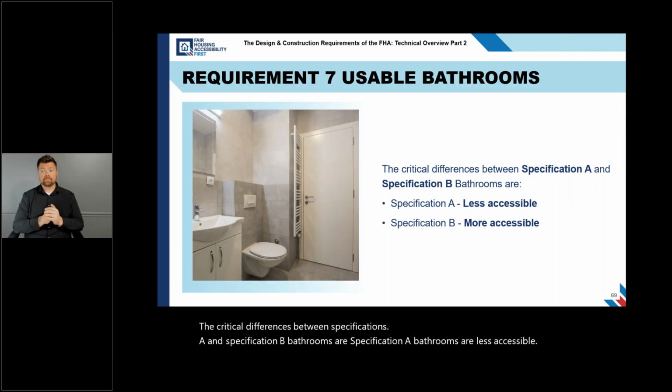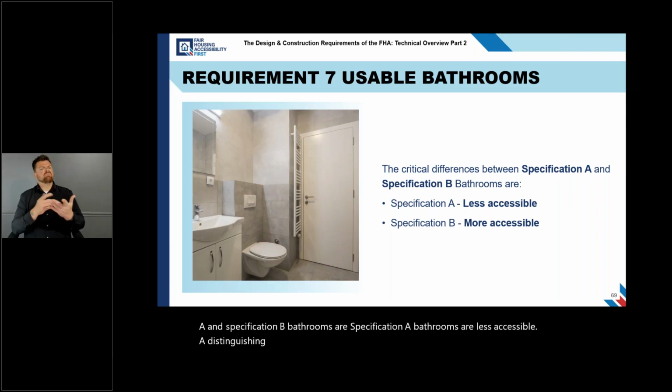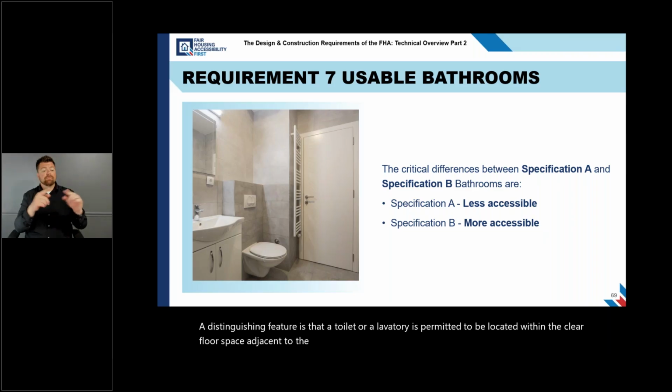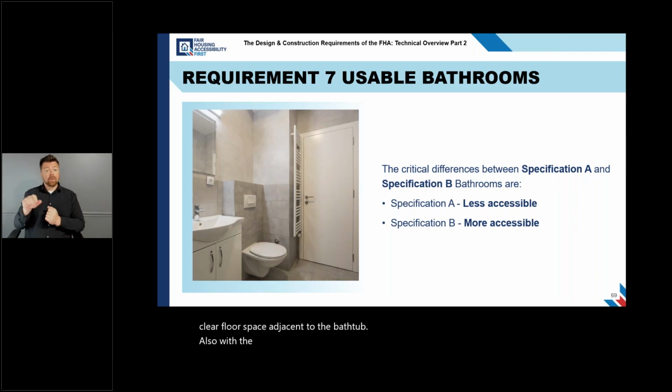A distinguishing feature is that a toilet or a lavatory is permitted to be located within the clear floor space adjacent to the bathtub. Also, with Specification A, all fixtures must be usable and meet clearance requirements.